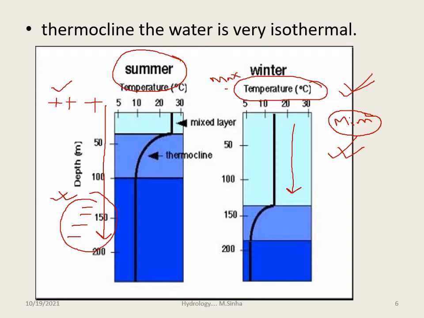So the thermoclinal line in winter and summer is not uniformly distributed. The thermoclinal condition of water is quite towards the isothermal, towards the uniform in winter, but in summer there is a contrast, there is a wide gap in the thermoclinal condition.